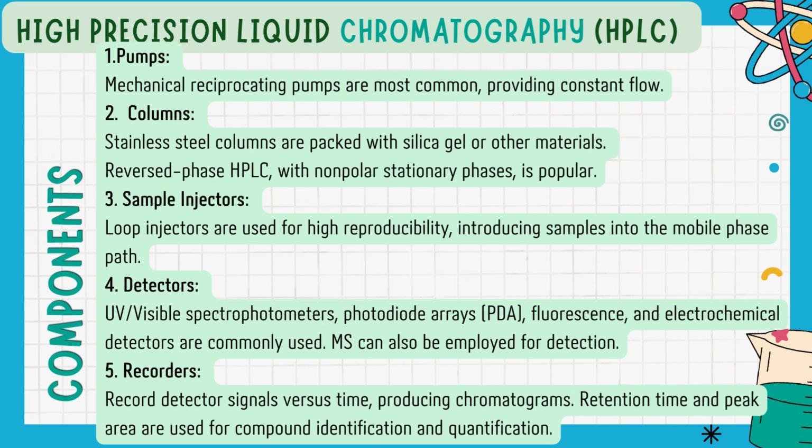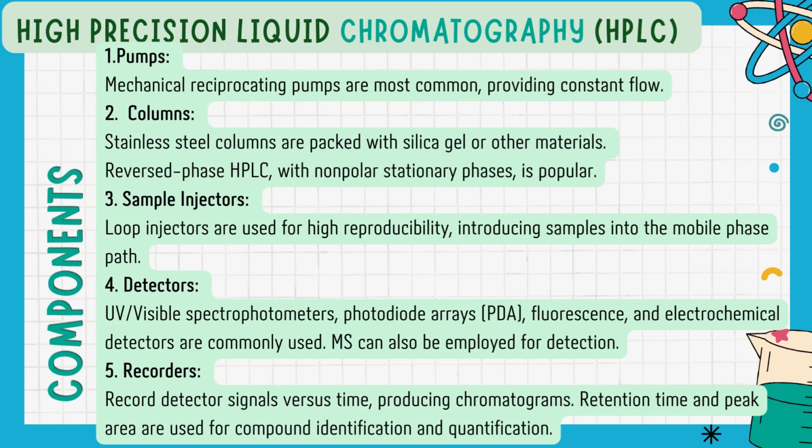We also have stainless steel columns packed with silicates or silica, and reversed phase HPLC with nonpolar stationary phases is also popular. For the sample injectors, specifically the loop injectors, they are used for high reproducibility to introduce sample into the mobile phase.